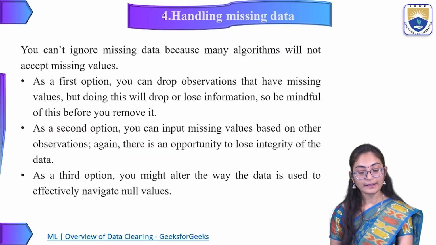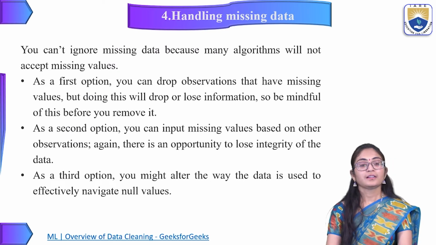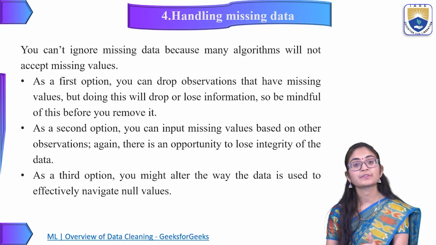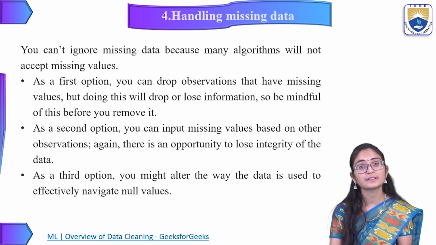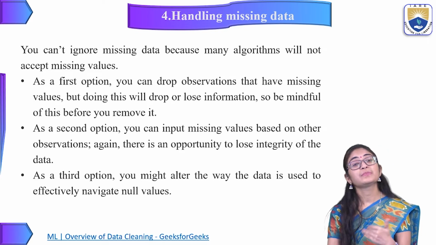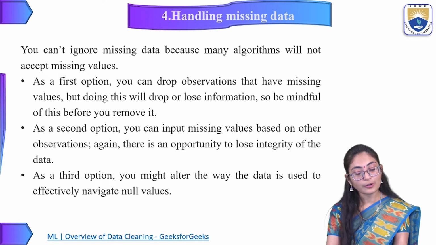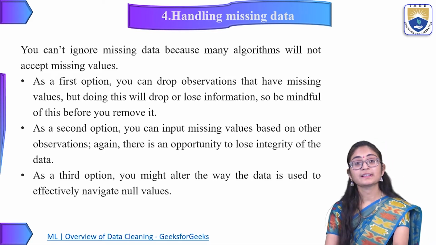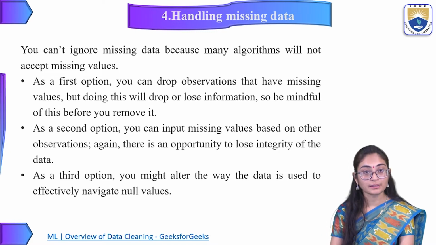Now, next one is handling the missing data. Obviously, sometimes when we combine data from different sources, it can miss the data, it can lose the data, it can miss the value. So we have to avoid this error. But if there is missing data in your data set, then you cannot ignore it.